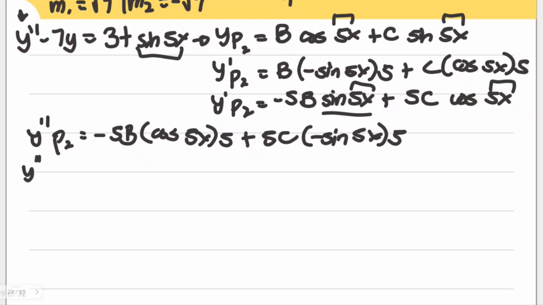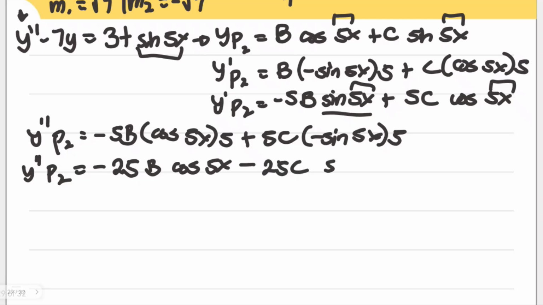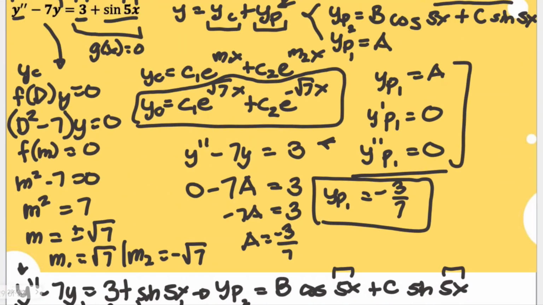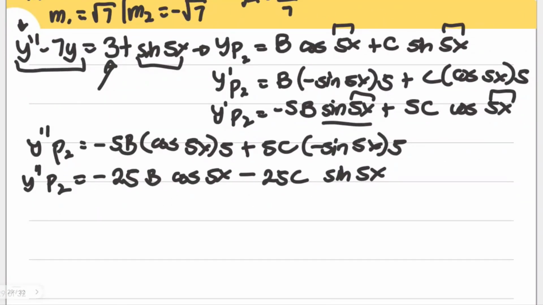So the second derivative of y sub p sub 2 is minus 25b cosine of 5x minus 25c sine of 5x. With this, we look into this form: since we already used the constant 3 earlier, we will not rewrite that here. In short, y double prime minus 7y, using y sub p sub 2, is equal to just sine of 5x.